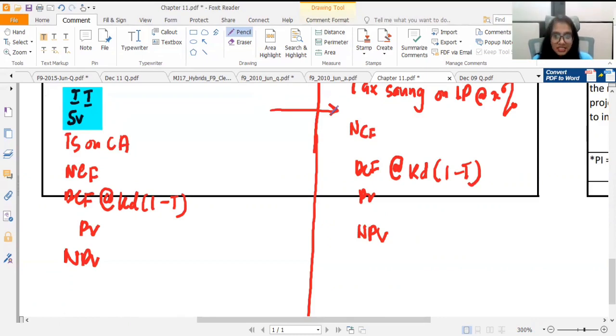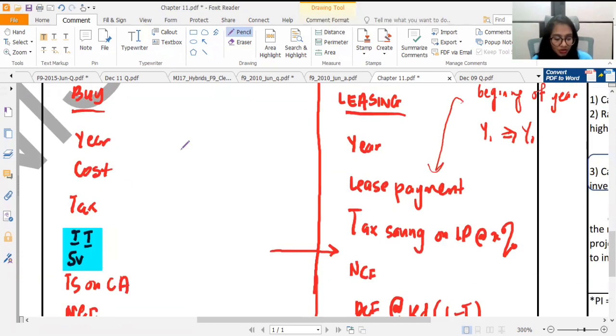The reason is because in the buying decision, you are actually the owner of the asset, while in a leasing decision, you are not the owner of the asset. And because you are not the owner, you did not incur this cost to purchase the machine, hence you will not get the scrap value. All right, so just be aware of the little things your examiner does.